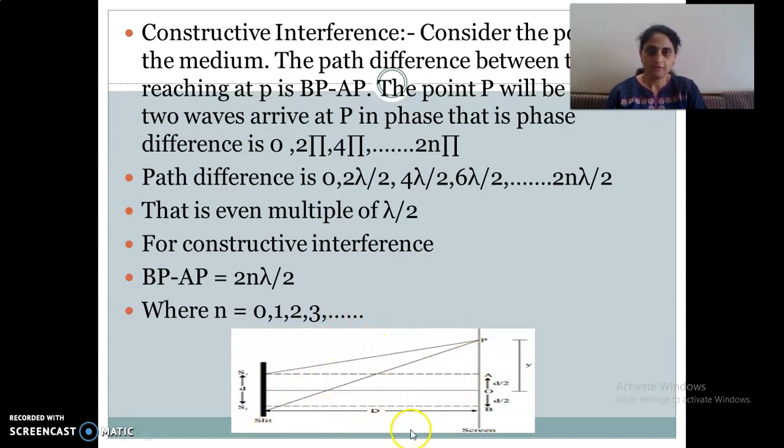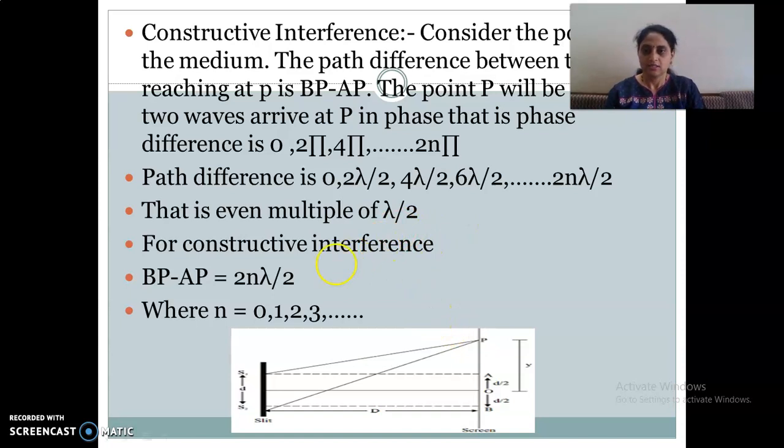Point P will be bright if two waves arrive at point P in phase. That is, phase difference is 0, 2 pi, 4 pi, up to 2n pi. Path difference is 0, 2 lambda upon 2, 4 lambda upon 2, 6 lambda upon 2, up to 2n lambda upon 2.